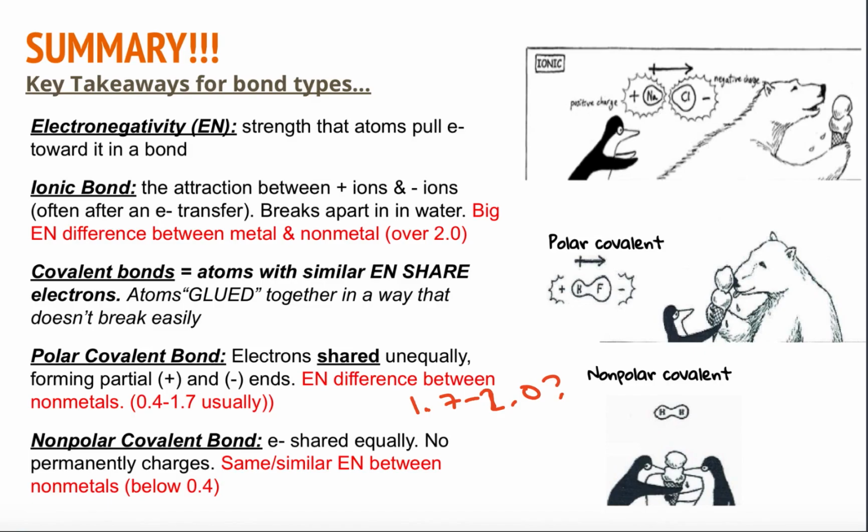So, for example, hydrogen and fluorine have a difference of 1.9, but they're both non-metals because they're both almost full, so they are actually polar covalent. But there are instances of ionic bonds that can be a little bit less than 2 also. So really pay attention to metal, non-metal, and how full the shells are. That's going to be your guiding answer.